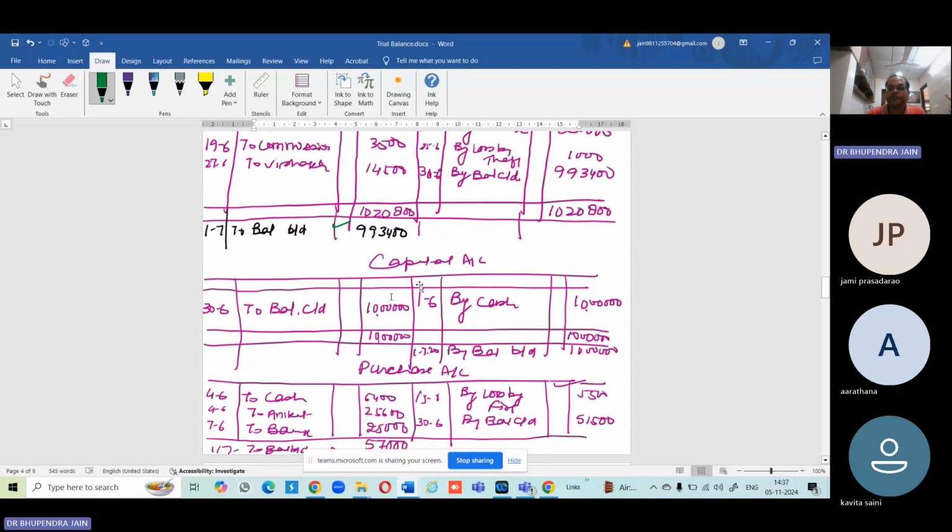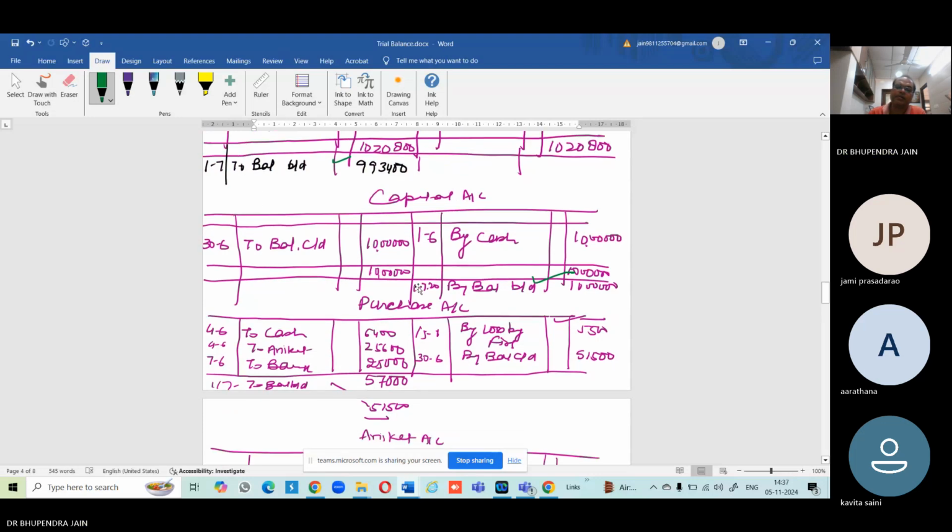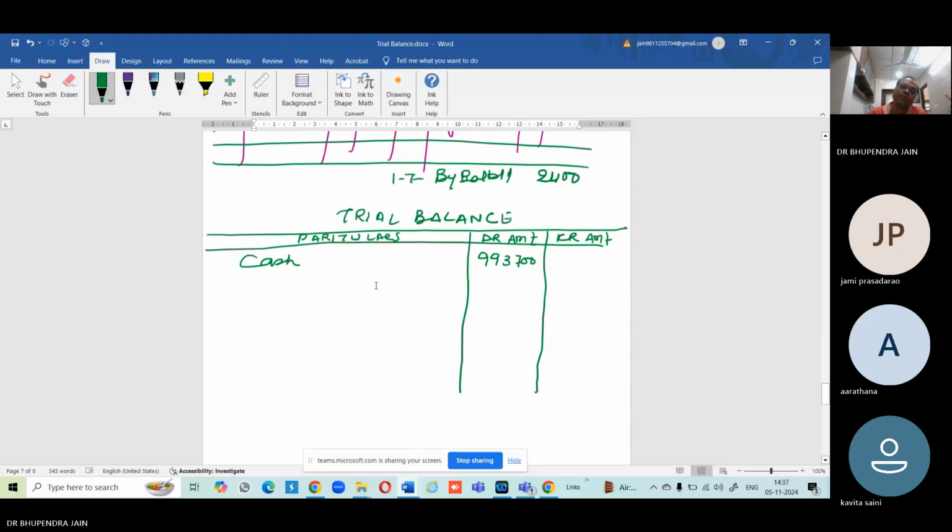Now the capital. The capital balance is credit, given on the credit side, 10 lakh. So write down the balance of capital on the credit side.